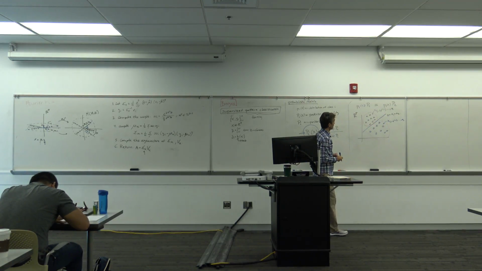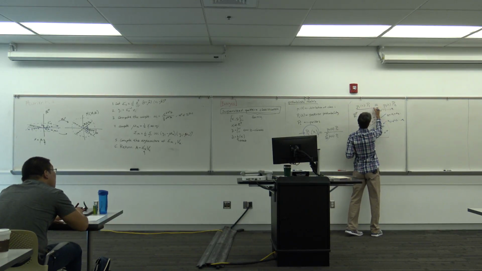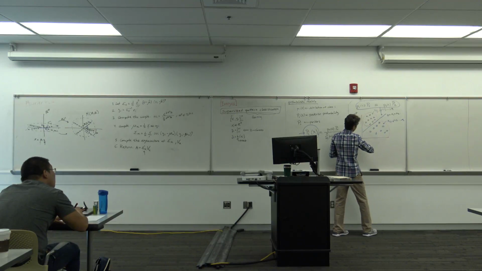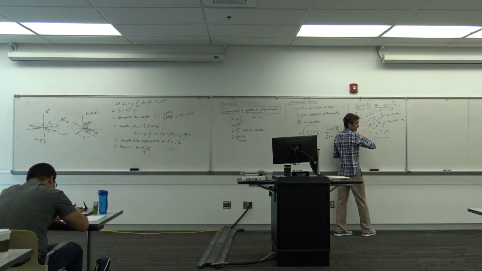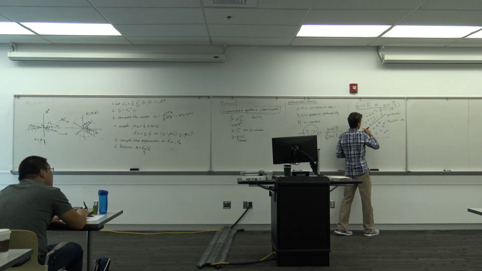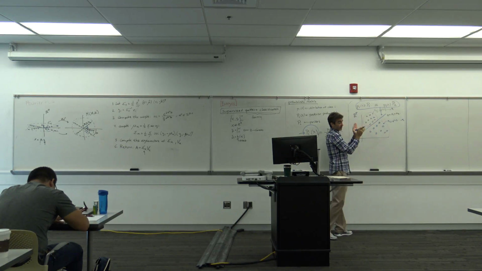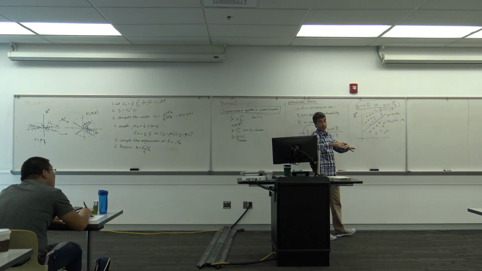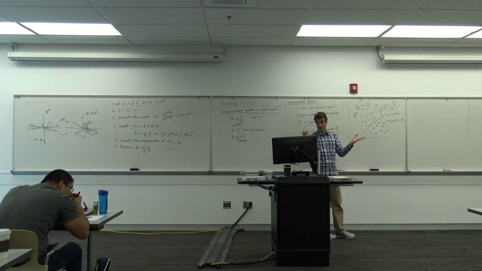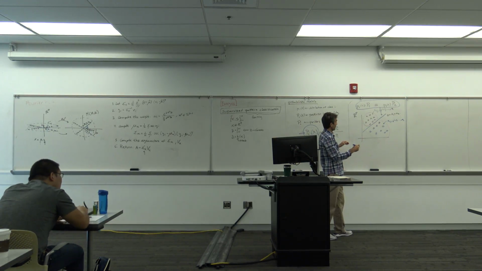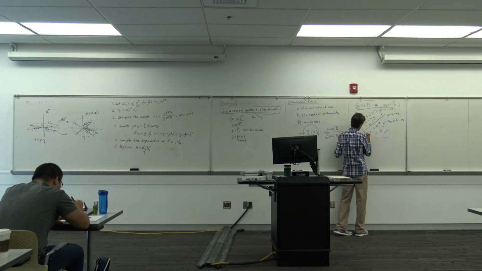This equality defines a linear or nonlinear line in that two-dimensional space. In 3D, it would be a plane, and in more than 3D, it would be a hyperplane. And this is called the classification boundary.